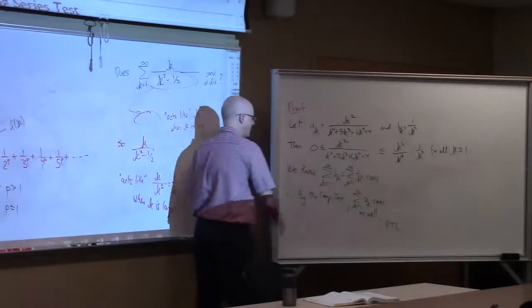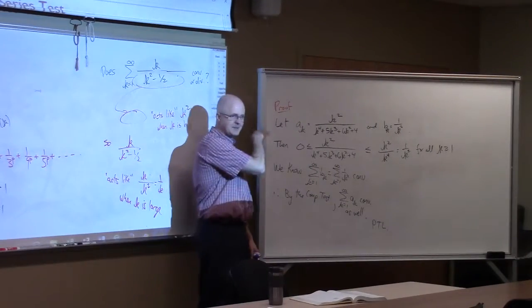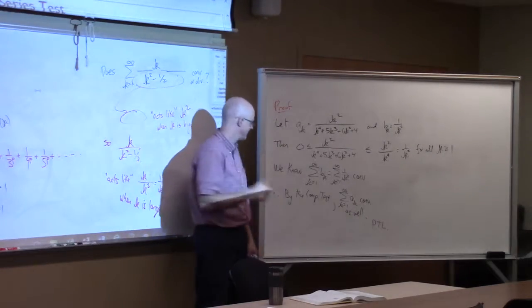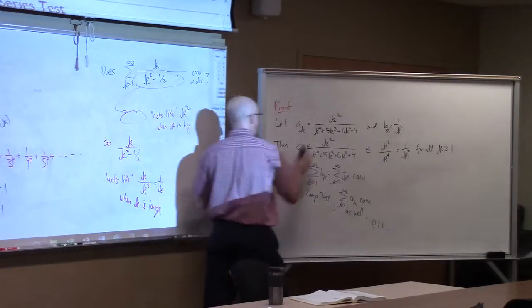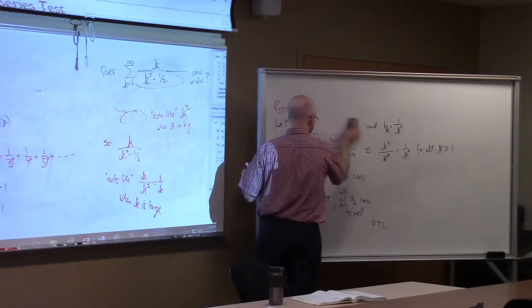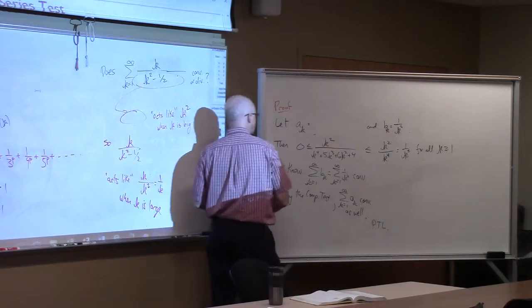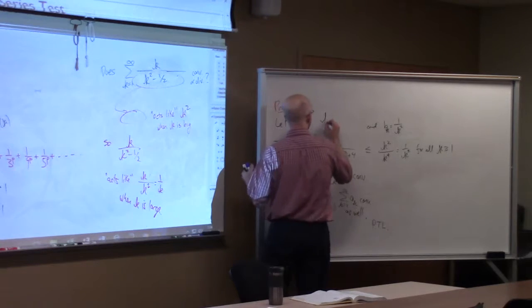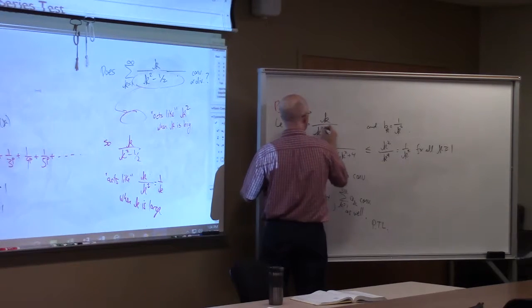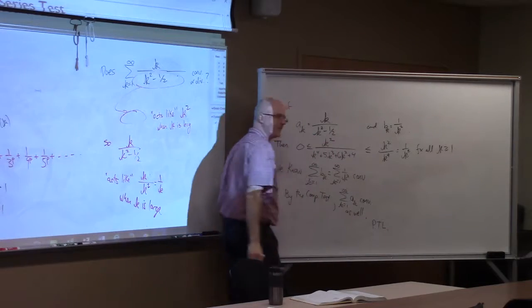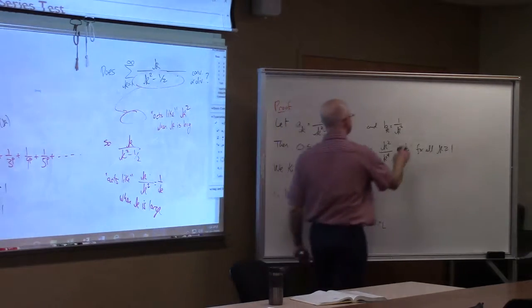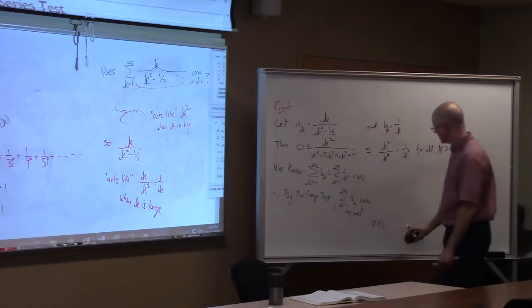So I'm going to go back here and I'm going to do the proof. And I'm going to keep the structure here and make appropriate changes again, just like I did here. Let AK be the terms of the series you're trying to prove convergence or divergence for, in this case, it's going to be divergence. And let BK be the terms of the series that you know diverges, in this case, 1 over k.